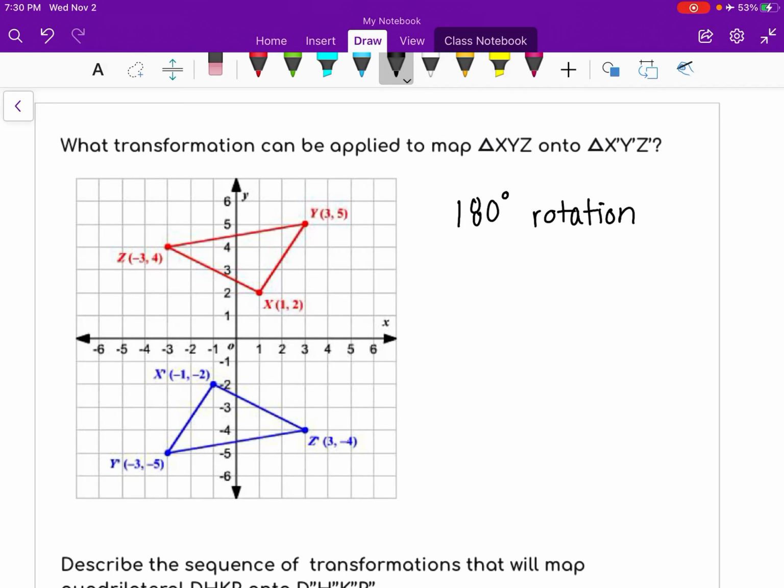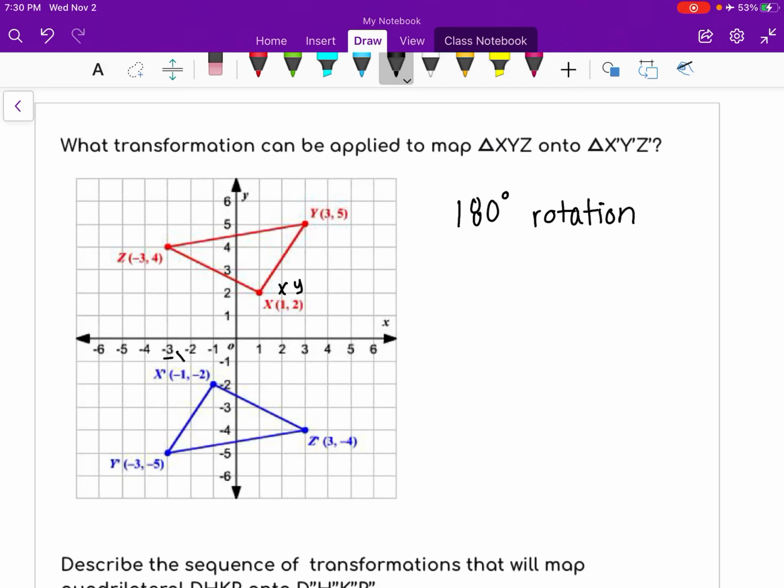I'm going to compare point X on the pre-image to point X prime on the image. Notice how 1, 2 is our X and our Y coordinate, but in the image, our X has turned negative as well as the Y coordinate.